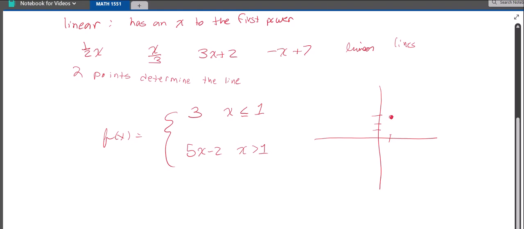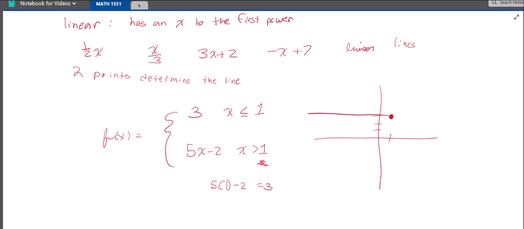It's less than or equal to 1, and so that means I put a solid dot there. For this one, it's 5x minus 2 for x greater than 1. It's a line because it's x to the first power. I only need 2 points to graph that line. One of these points is going to be 1. So I'll plug in 1, and I get 5 times 1 minus 2, and that's 3. That point I already have.